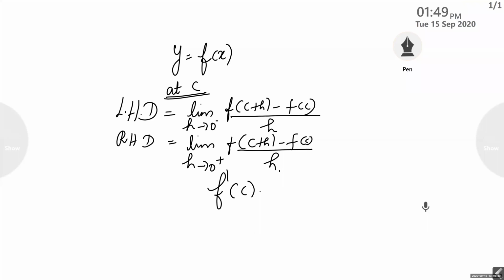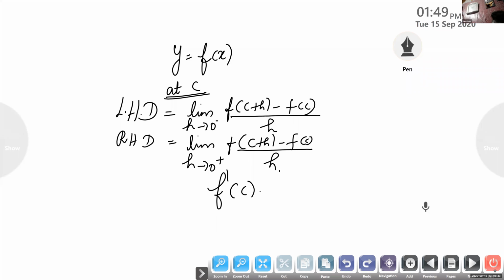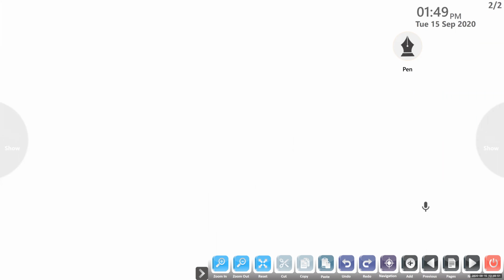So the definition is like this. Suppose f is a real valued function and a is a point in its domain.